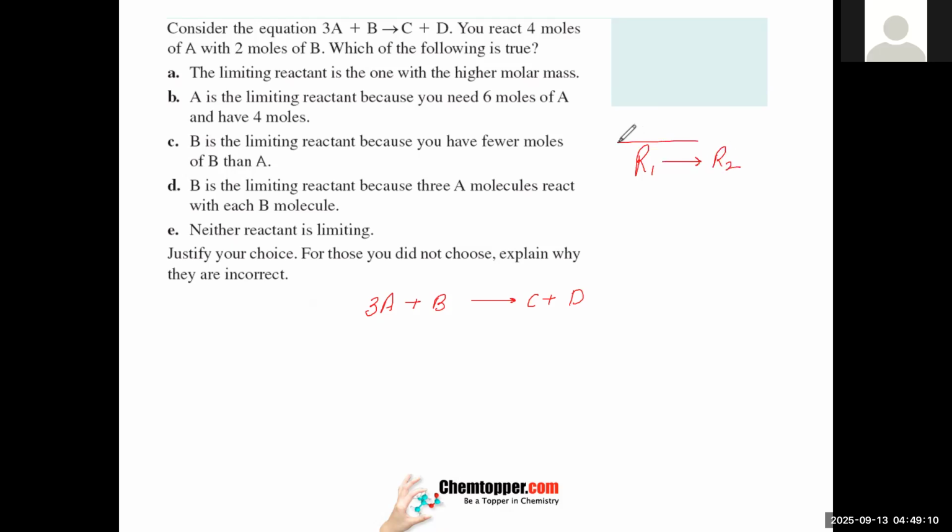Can we do this R1 to R2 method here? How much A is given? 4 moles. So 4 moles of A. Let's start with that. Convert that into moles of B using this molar ratio. So 4 moles of A will react with how many moles of B?